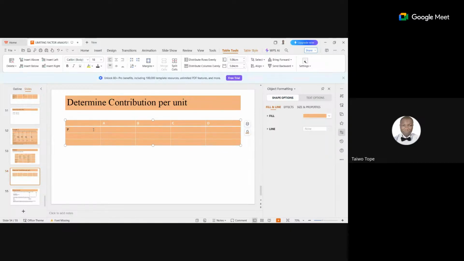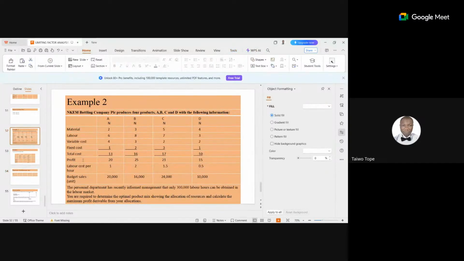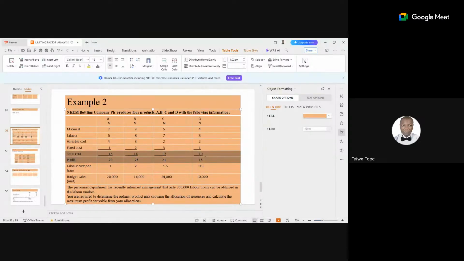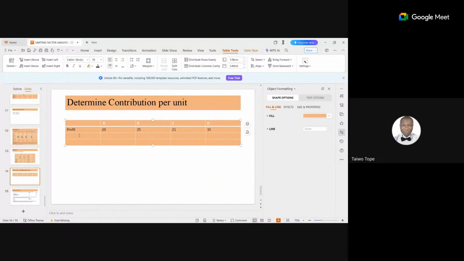So the profits for product A is what? It's 20 naira. For B is what? 25. And for C is what? 21. And for D is what? Is 15. Hope you can determine that in the question. Now, you add what? Your fixed cost.